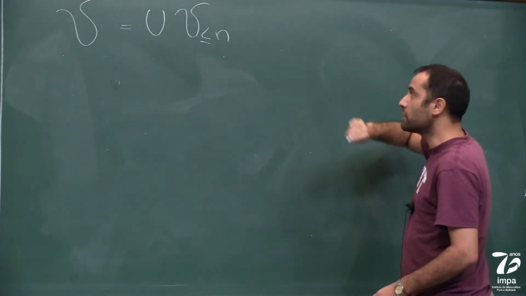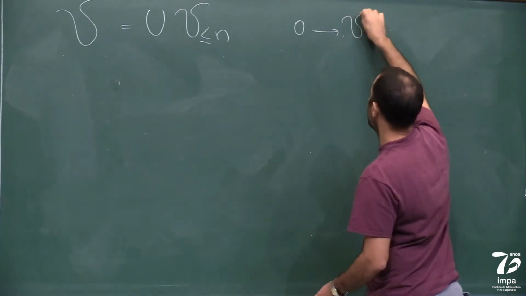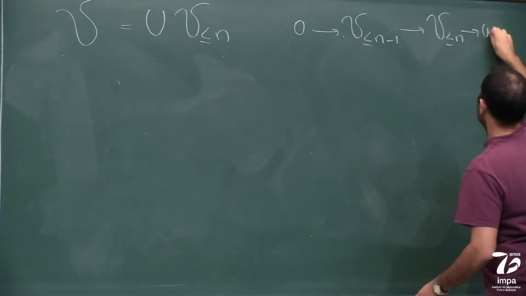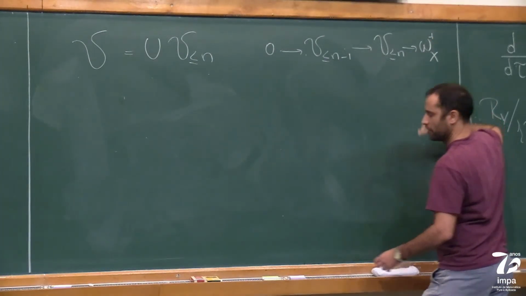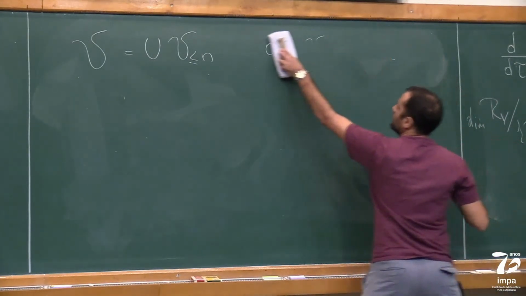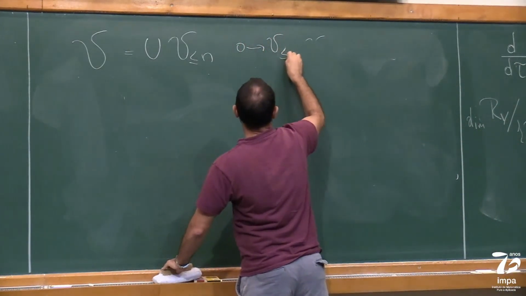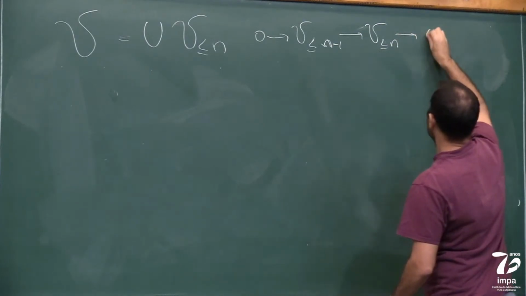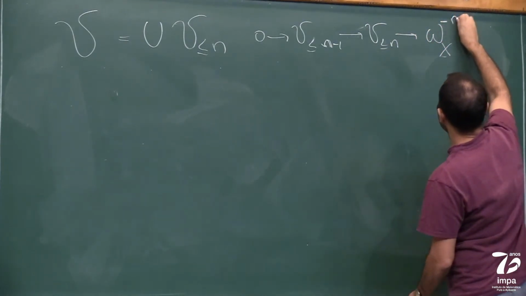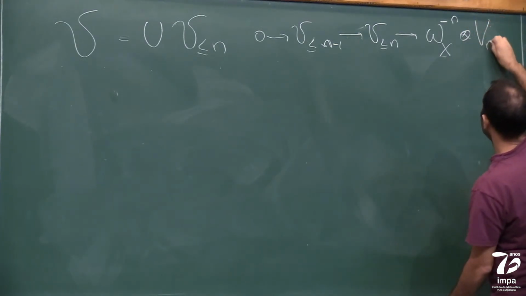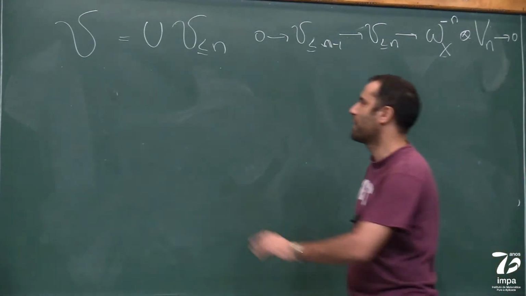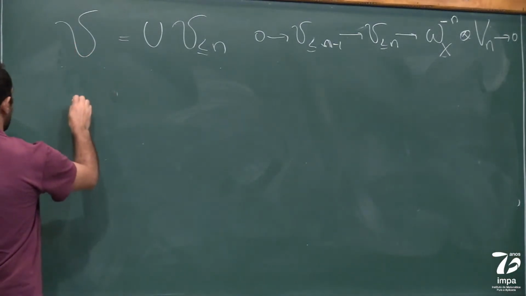So this came filtered, and the associated graded was very explicit: the tangent bundle of the curve, V_{≤n-1} into V_{≤n}, into omega_X to the minus n tensor with our vector space V_n in the vertex algebra. And this is what we used because it gave rise to the same kind of homology. But let's just stick to this for a second.